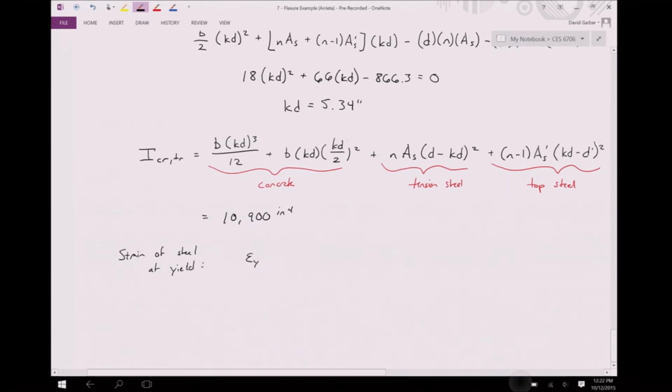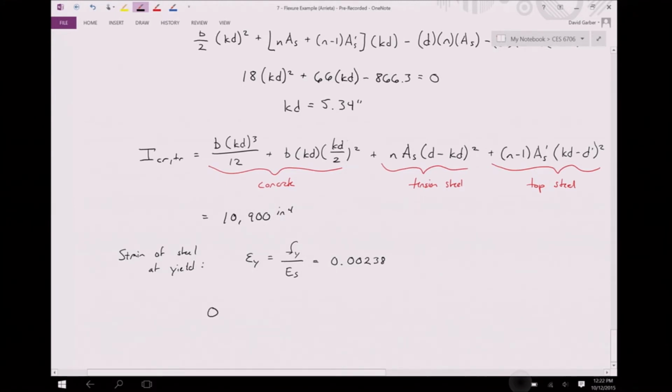So our epsilon y is going to equal our Fy over Es. So it'll be our 69 KSI over 29,000. And this will be 0.00238. Will be our yield strain.